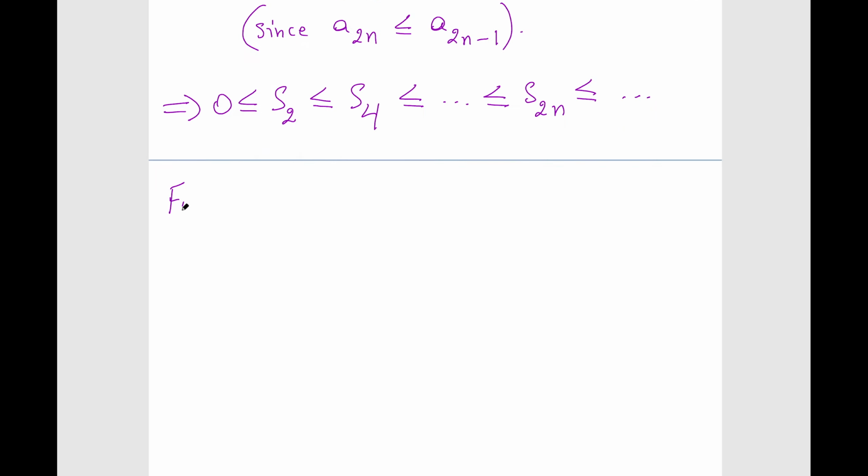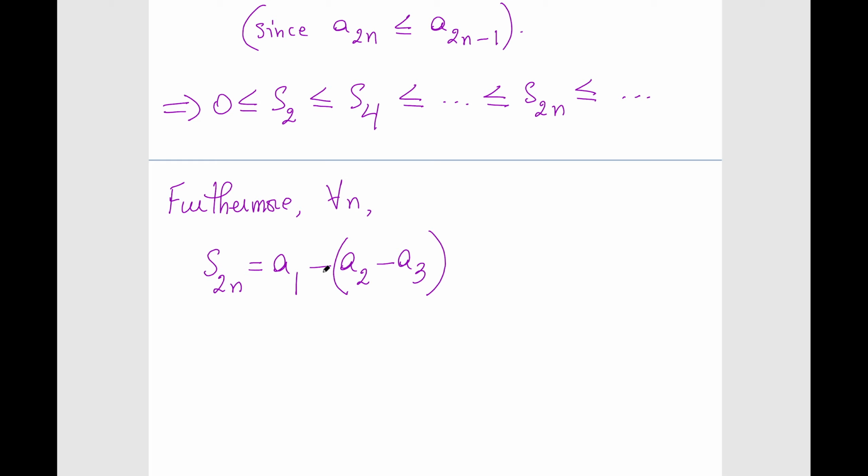So furthermore, for all n, S2n is what? What's the first term in this nth partial sum? It's A1, right? And then plus A2 minus A2 plus A3, so minus A2 plus A3, I'm going to write it like this.